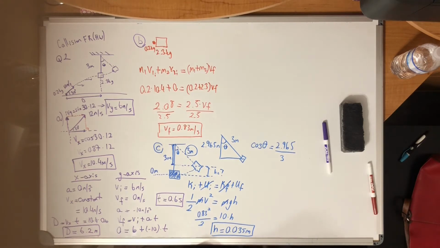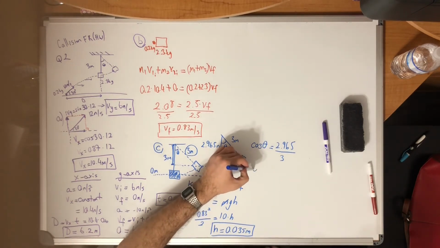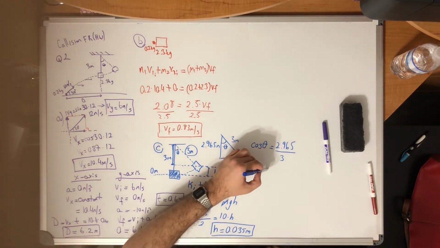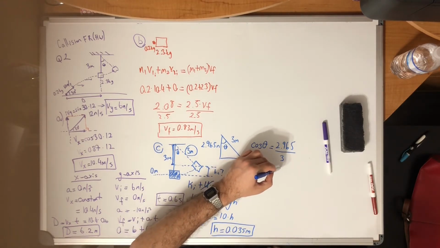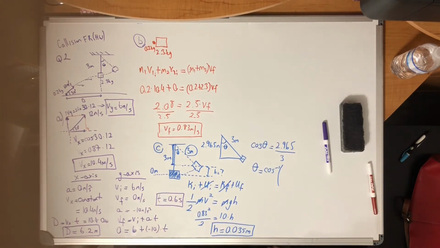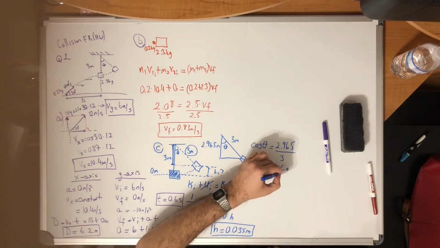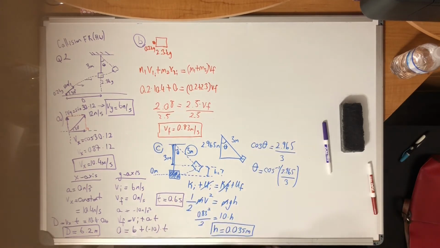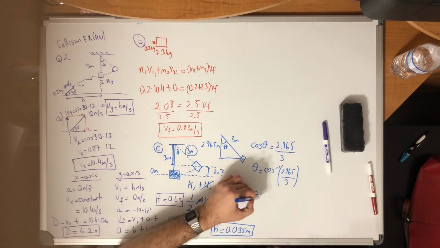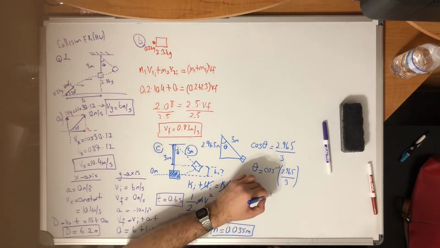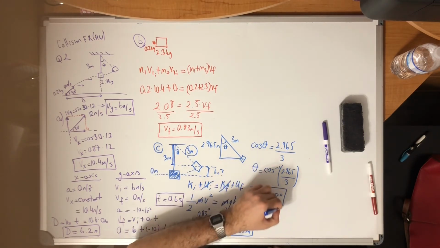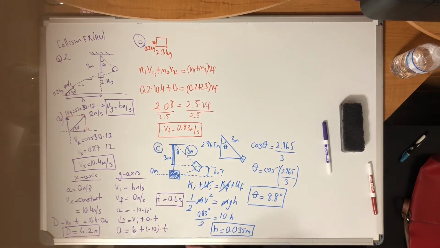And if you would like to find theta, you're going to need arc cosine of this final number, 2.965 divided by 3. If you put that into your calculator, then you will find theta as 8.8 degrees, or 8.7, something like that.